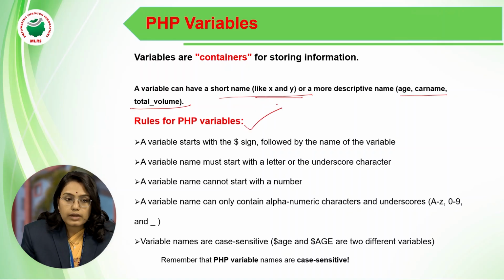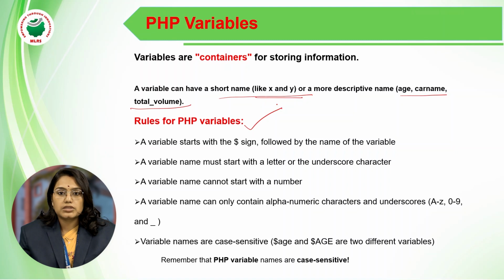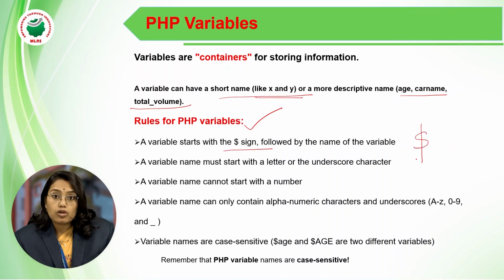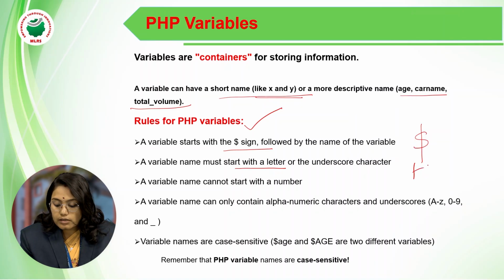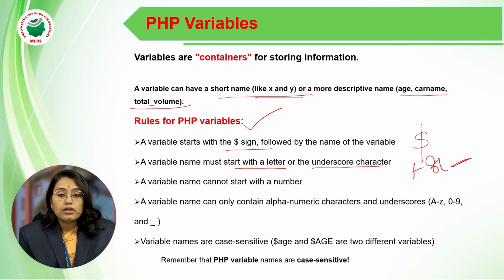So coming to the next, what are the rules for PHP variables? A variable starts with a dollar sign followed by the name of the variable. Next, a variable starts with a letter or underscore character, and variables can't start with a number. No to numbers.